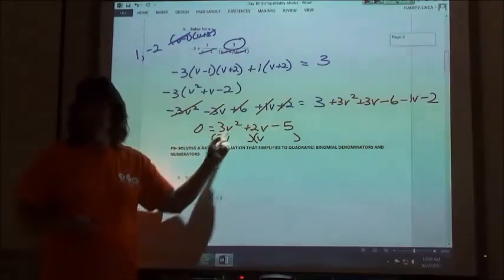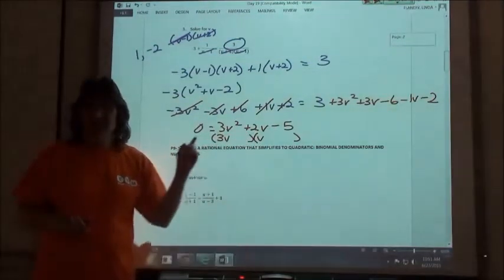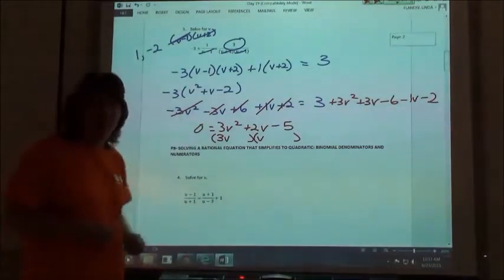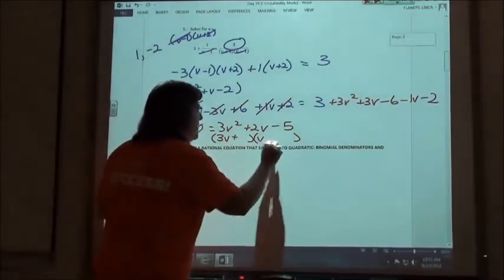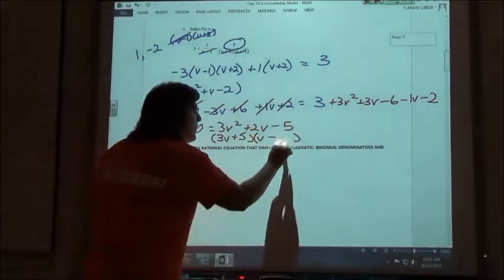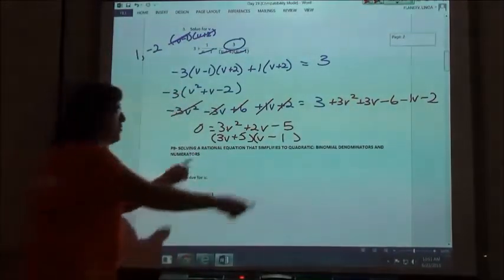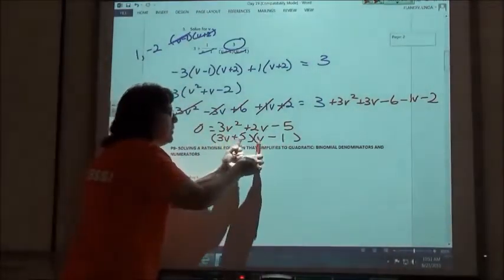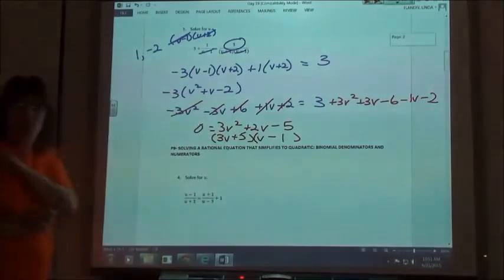If the end is negative, we've got one of each, right? One plus and one minus. And factors of 5, well, we know that's a 5 and a 1. And if we check that, we're going to get negative 3v plus 5v, which is plus 2v in the middle, right?